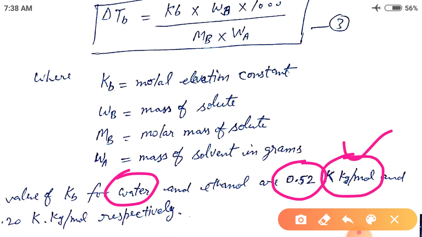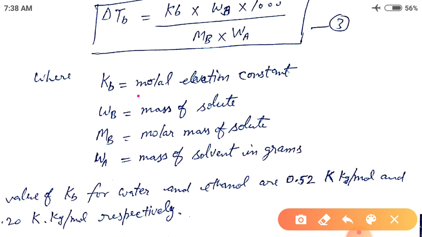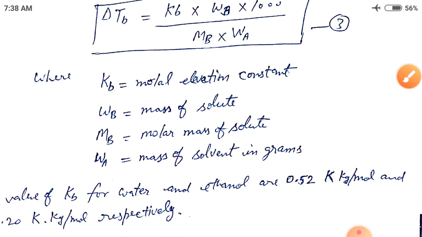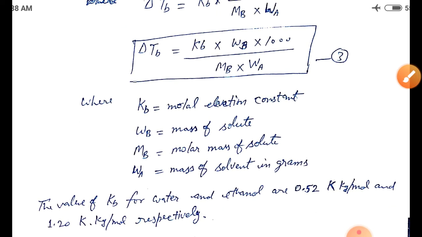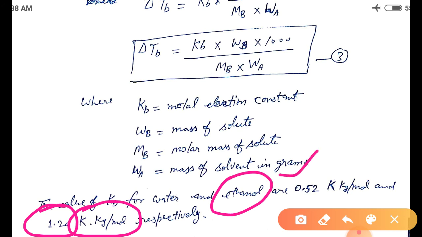This is the unit of Kb. And the molar elevation constant Kb of ethanol is 1.20 Kelvin kg per mole. You must remember this.